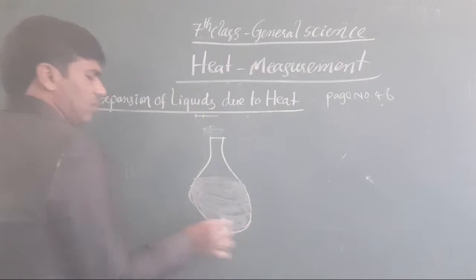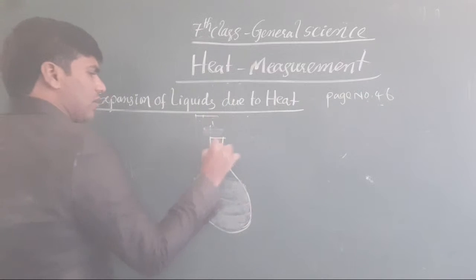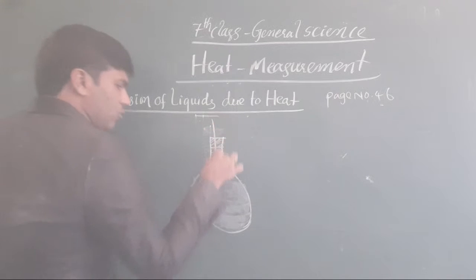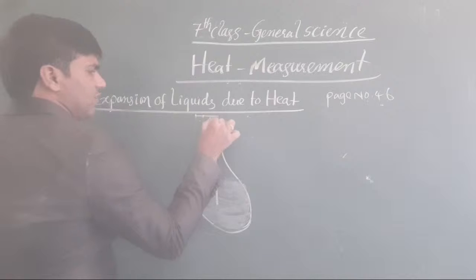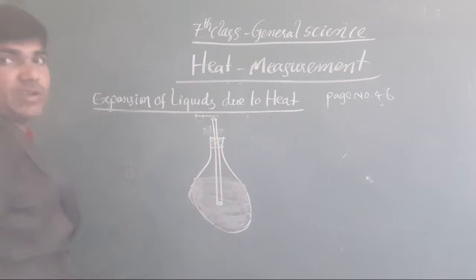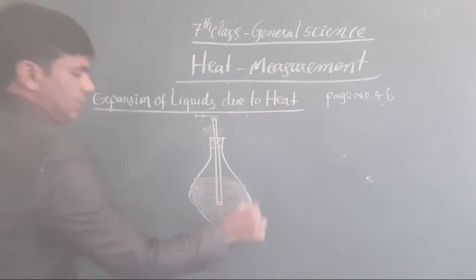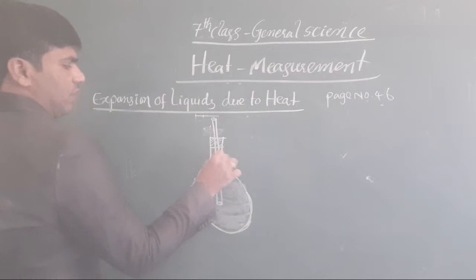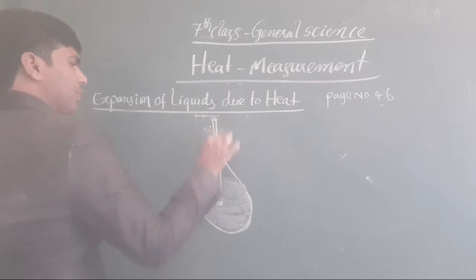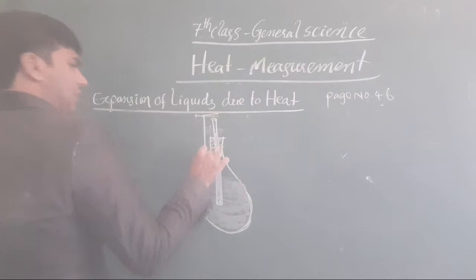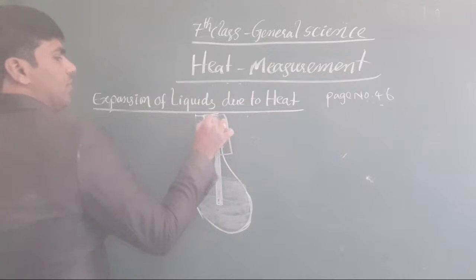As well as that, you take one rubber cork here, and through this you send one capillary tube. Now there is a height of the water in the capillary tube, up to here, and you take one scale here. Clear or not, all of you?